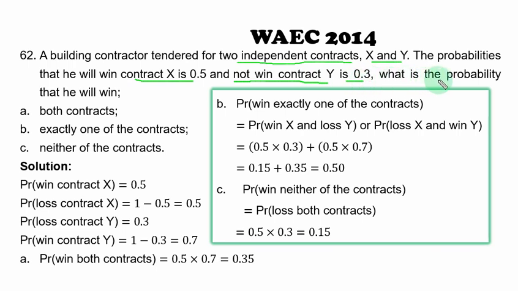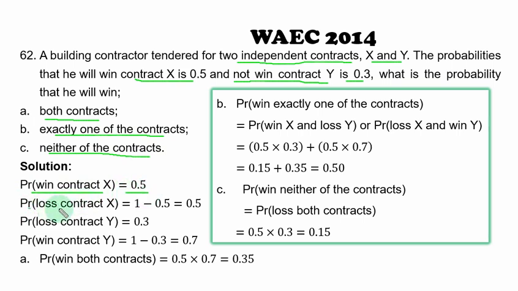What is the probability that he will win A, both contracts, B, exactly one of the contracts, C, neither of the contracts? Solution: probability win contract S is equal to 0.5 from the question.